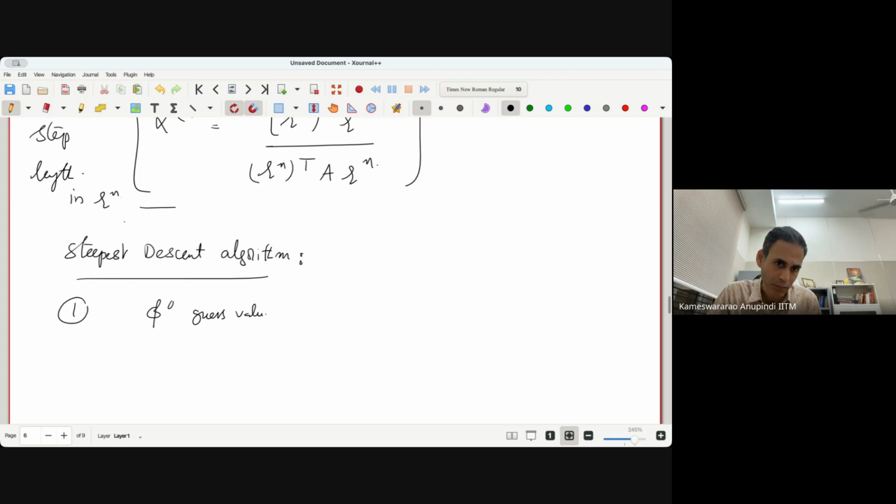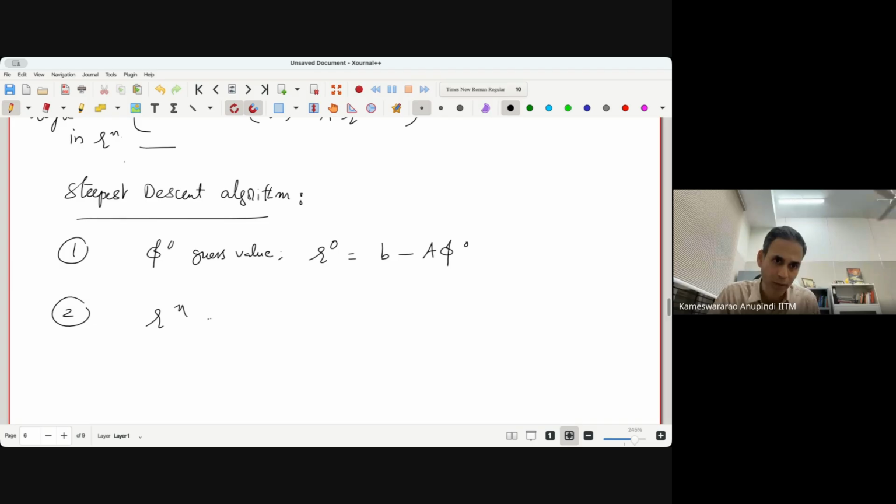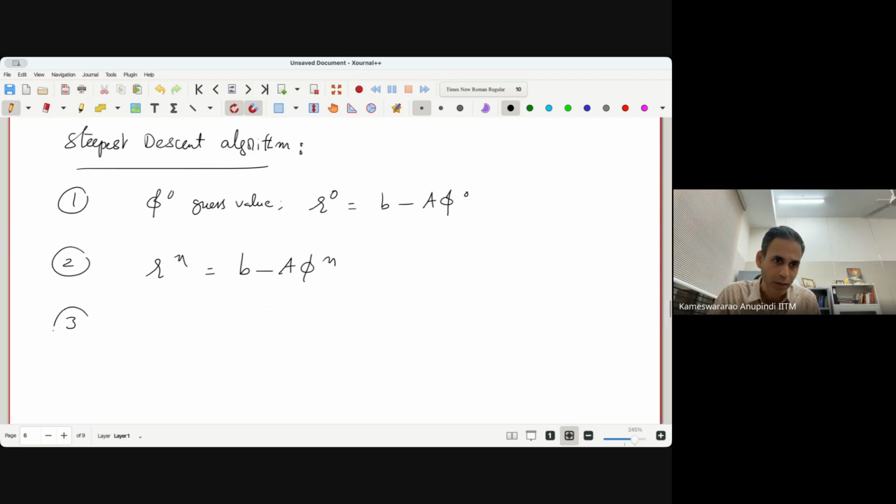B is given, right? Then I calculate R0, which is b minus A phi 0. That means I am calculating Rn equals b minus A phi n, right? That is what I'm calculating.